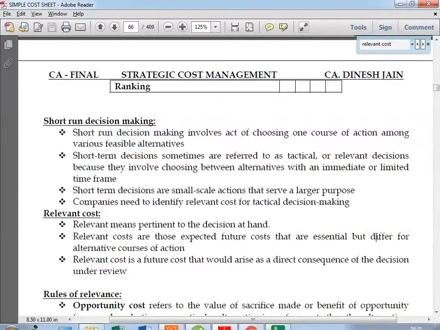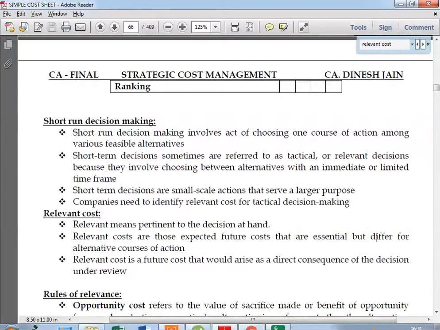Material in stock on one side, and material out of stock on the other side. In stock, out of stock. Out of stock, put an arrow mark down. I'll give what is relevant in some time.